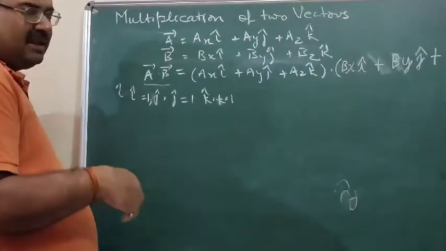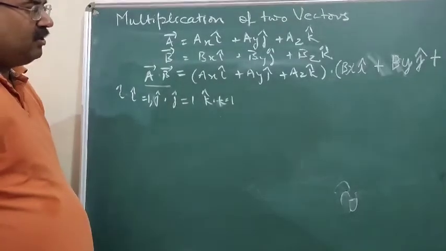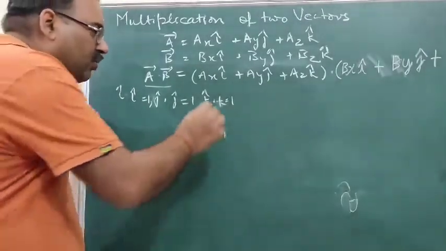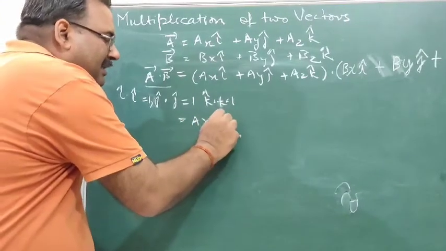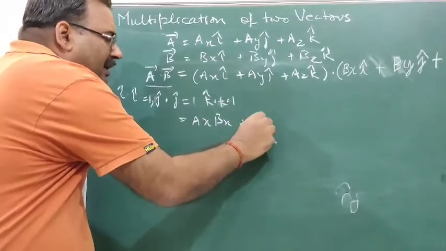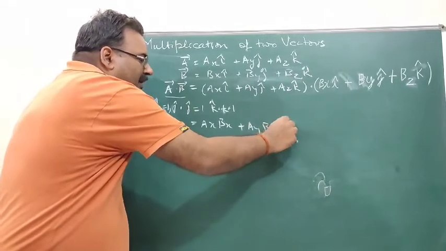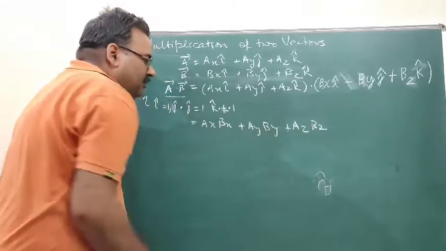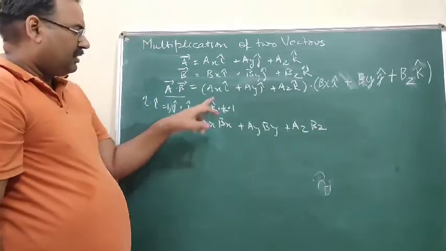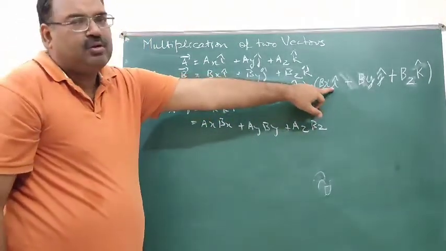Rest everything, i dot j, j dot k, k dot i, are 0. So what will we get? We will get ax bx, ay by, az bz. Why? Because only i dot i will be equal to 1.